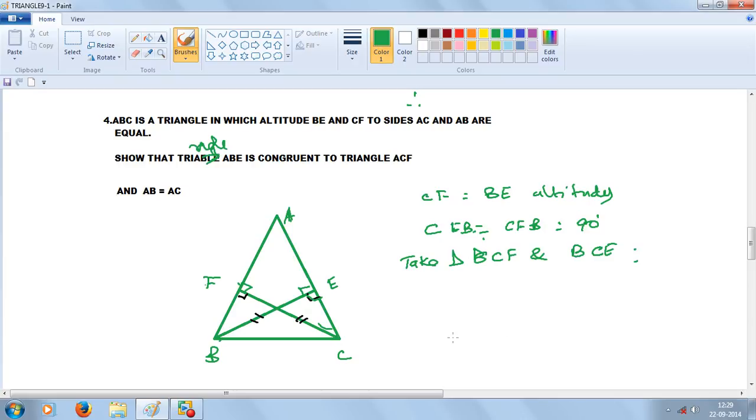These two triangles you take for consideration, BCF and BCE. So we know this BC is common to both triangles.